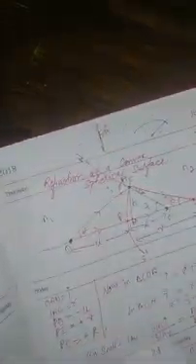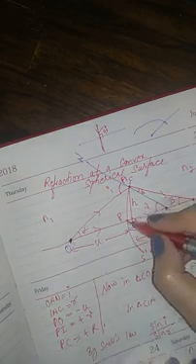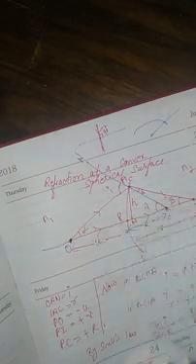Now AM is the height h, and PO is the object distance. So it will be h by the object distance u, which will be minus u because it is to the left of the pole.